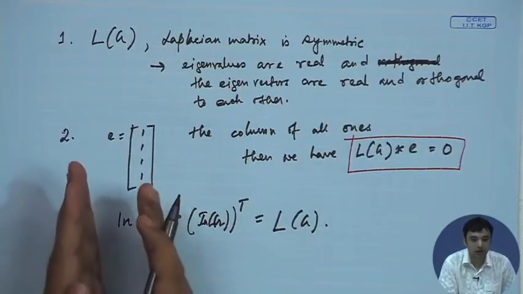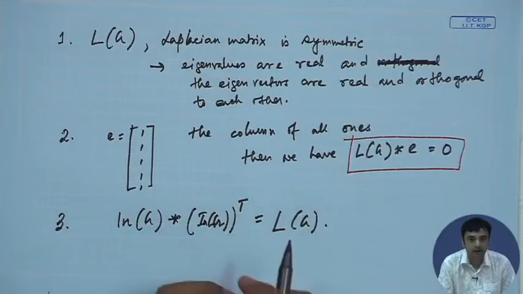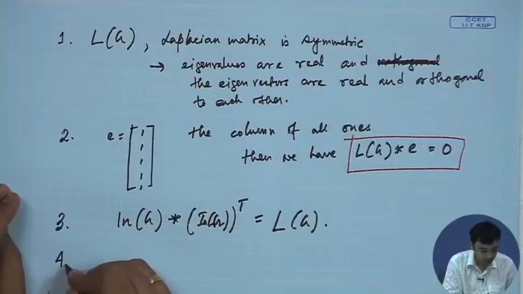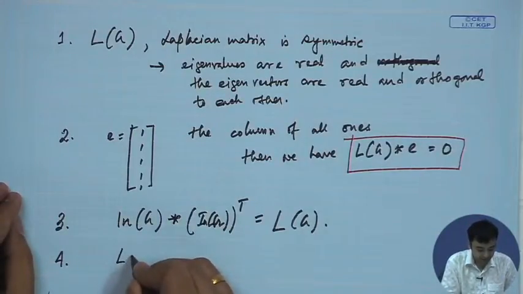So, the product of the incidence matrix and the transpose of the incidence matrix actually returns you back the Laplacian matrix. So, this is a very nice property which we will be using in a while.